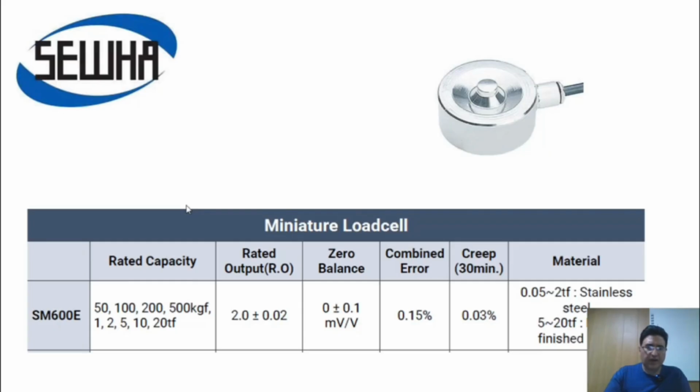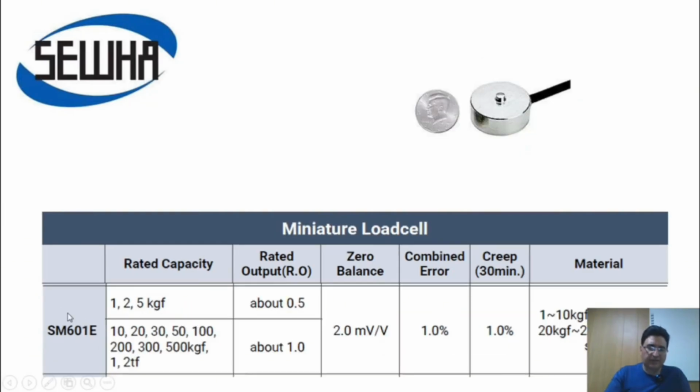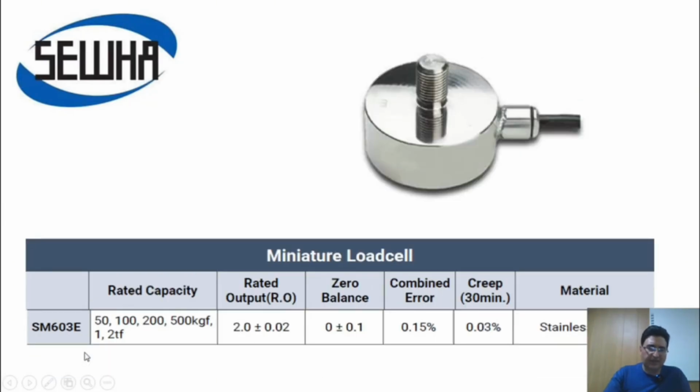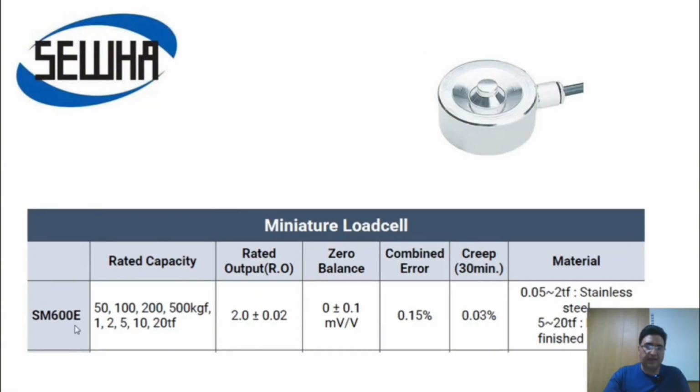In the SEWHA brand, we are pleased to introduce our miniature load cells, specifically those with the codes SM600A, SM601A, and SM603A. We will now proceed to introduce each of these load cells separately and in detail. Our first miniature load cell is the SM600A, which has a capacity ranging from 50 kilograms up to 20 tons.